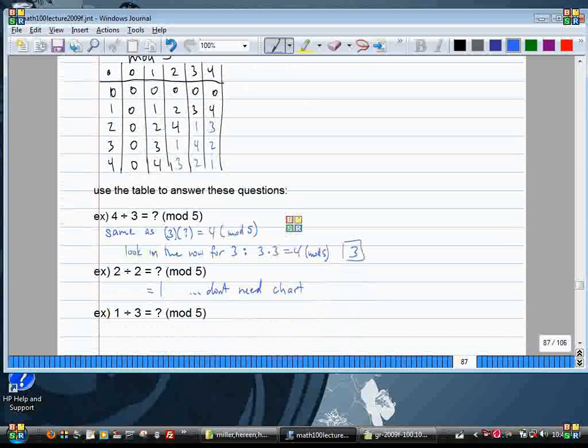Okay. 1 divided by 3 equals what mod 5? So how do we do this? So now where do you look on the chart in order to figure this out?